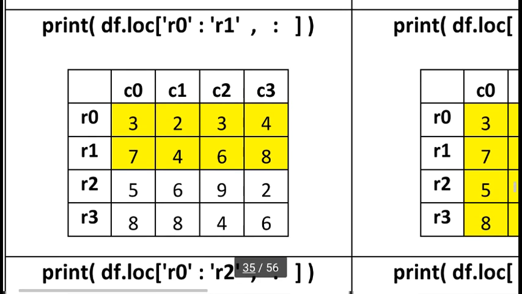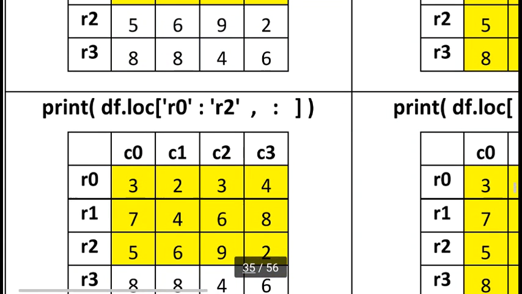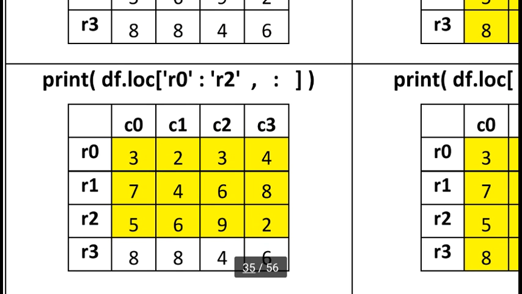So this is our result. Here I am using df.loc starting from R0 colon R2, meaning the R0 row, R1 row and R2 row. So R2 is included. Comma colon means 3 rows, R0, R1, R2, and all the columns.